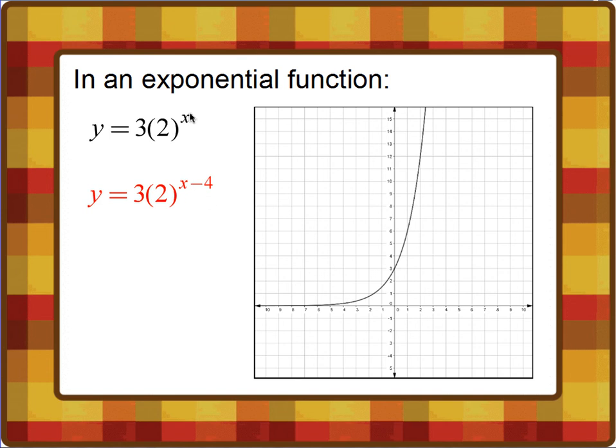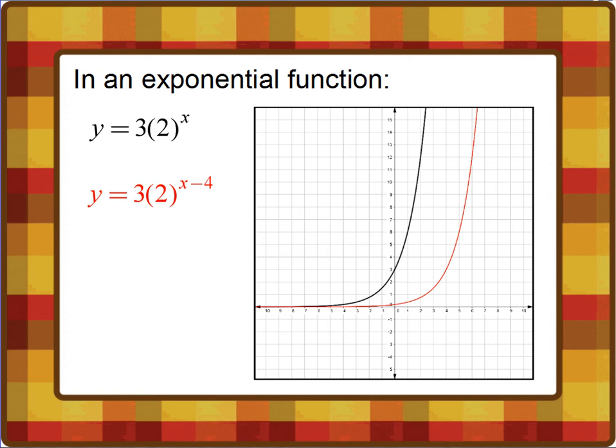That means that my new exponent would become x minus 4. We're not subtracting from the entire function or y value. We're subtracting 4 just from x. And again, if I plug in different values for x, I'm going to get a whole new look for my graph. And if I try this x value by x value, I get the red graph.